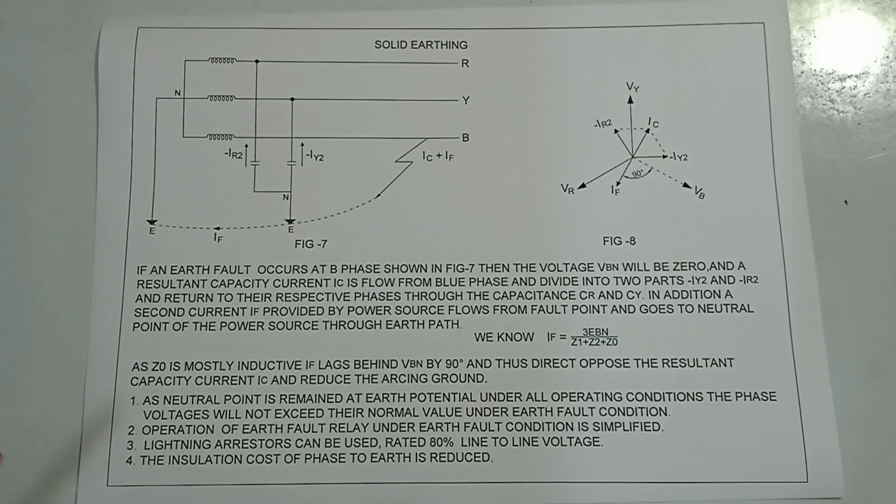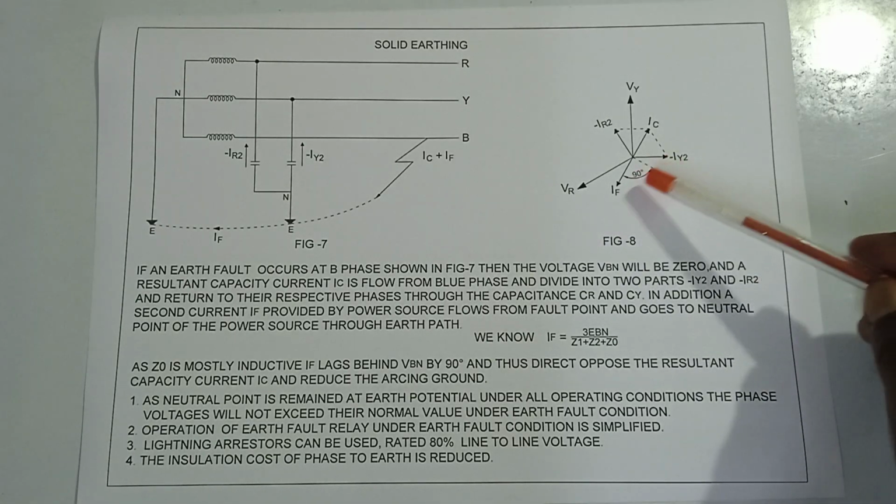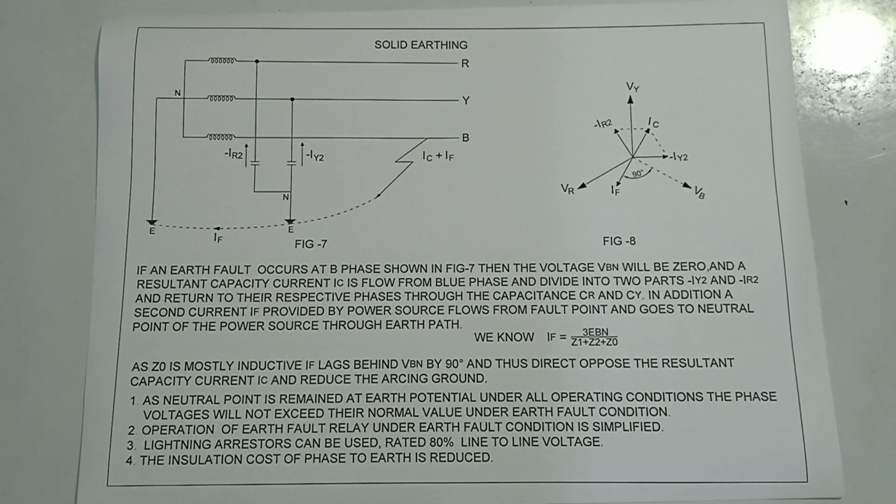As Z0 is mostly inductive, IF lags behind VBN by 90 degrees, and thus directly opposes the resultant capacitive current IC and reduces the arcing ground.